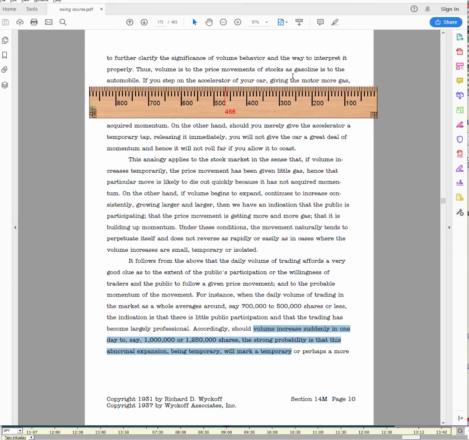This is something that you see a lot of other people copy, but he said it first. Volume is gasoline to an automobile.